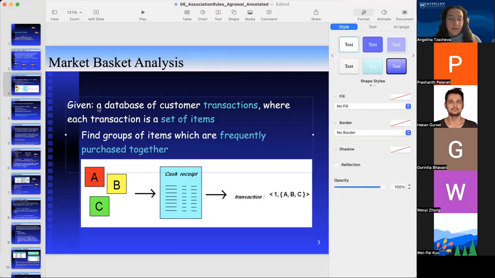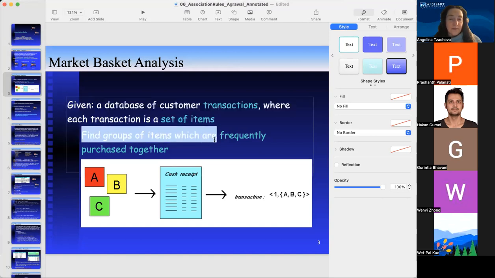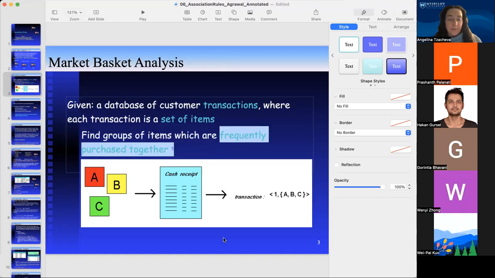So given a database of transactions, where each transaction is a set of items, we would like to find groups of items that are frequently purchased together.